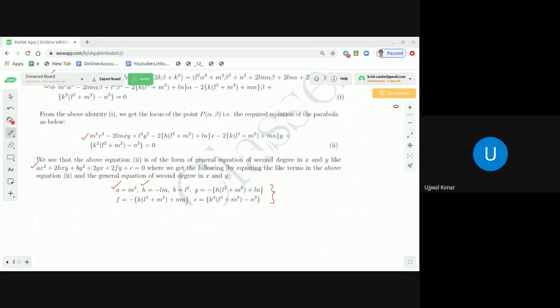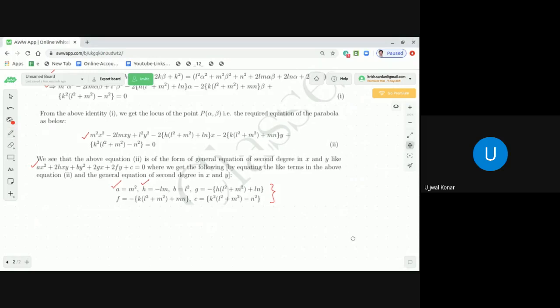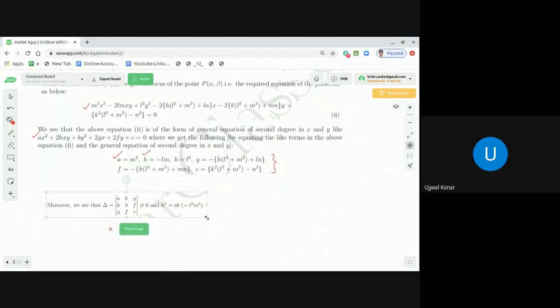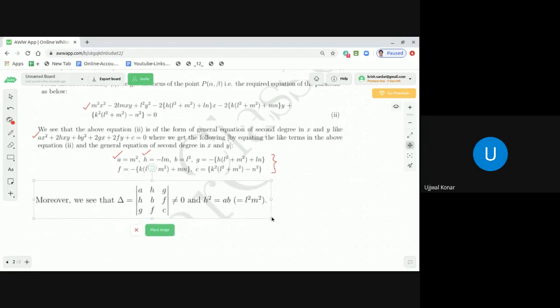So if you make that comparison, dear students, you will get delta, which I'm just going to place here. Delta is nothing but ABC.